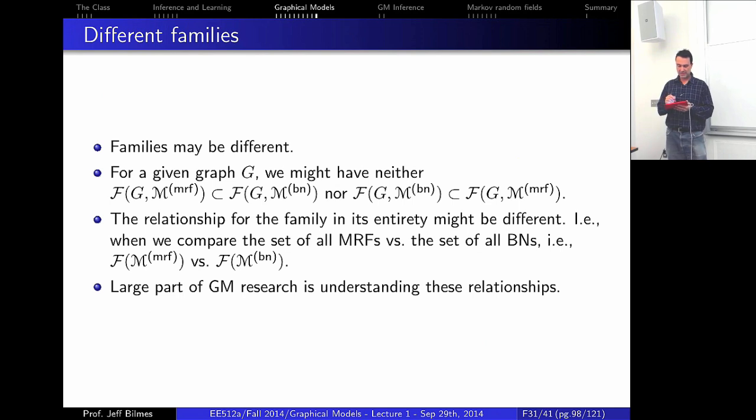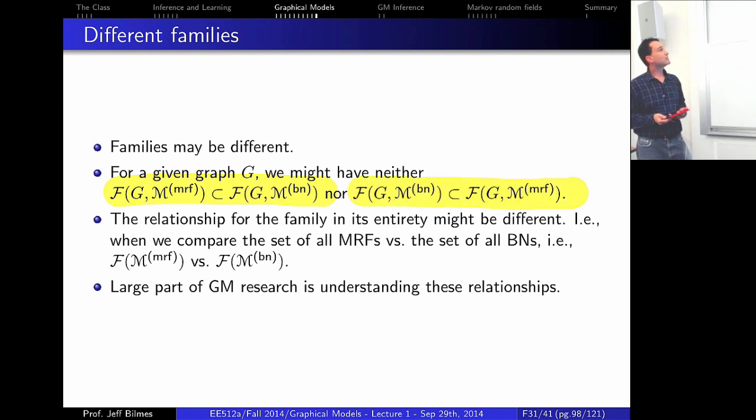So what this means is that we might have subset relationships, that maybe a Bayesian network is bigger in the sense that the family is bigger, or we might have family containment, or we might have the Bayesian network is smaller. And it might depend very much on the graph. Of course, the corresponding graph, since a Bayesian network requires a directed graph and a Markov random field requires an undirected graph, would need to be changed as well.